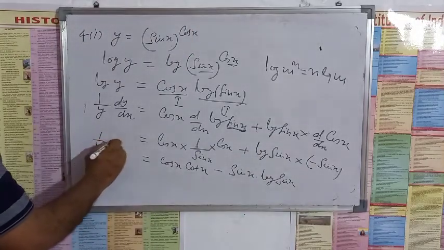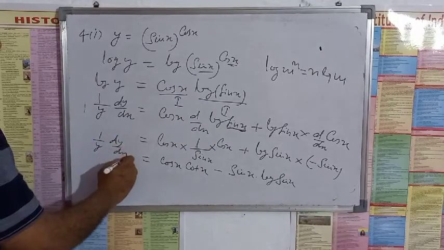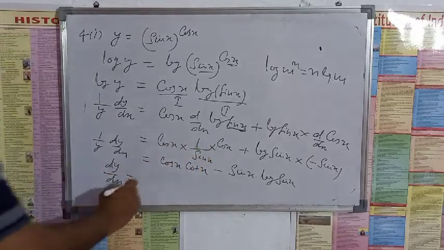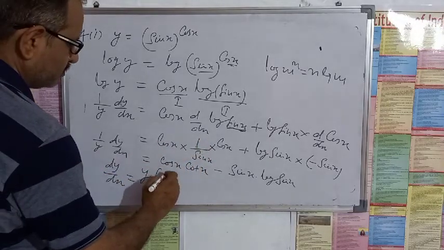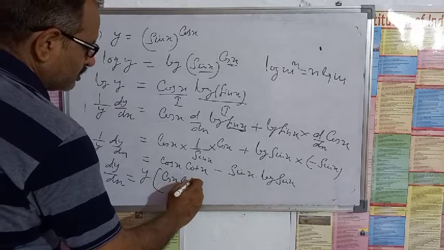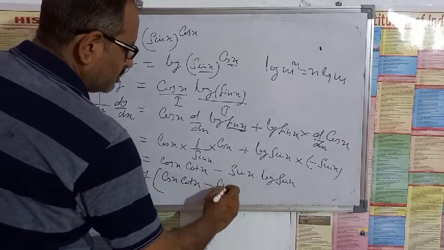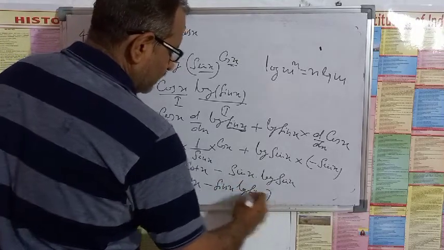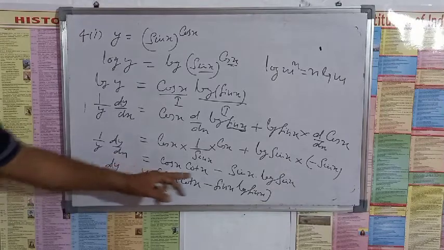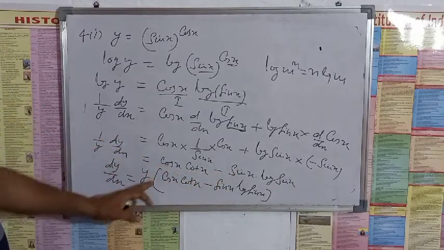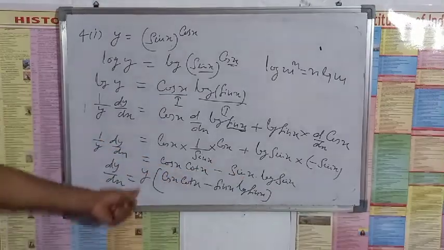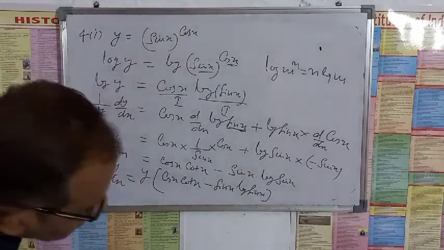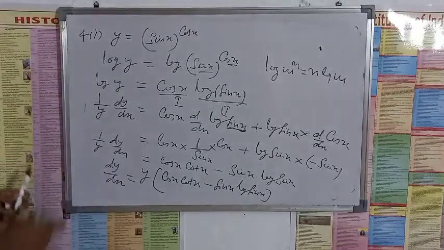So it is 1 by y dy by dx. So what will be dy by dx? Cross multiply by y. So 1 upon y dy by dx is this one, cross multiply by y into this one. Now we will put the value of y, sin x to the power cos x. So at last we have to put here the value of y.